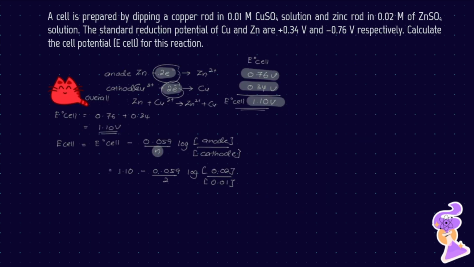Alright, so from here we can get the calculation. 1.10 minus 8.8804 times 10 to the power of negative 3, and at the end you will get your E cell equivalent to 1.0911 volt. So this is the final answer for the 8th question.